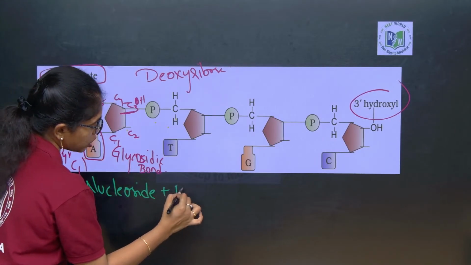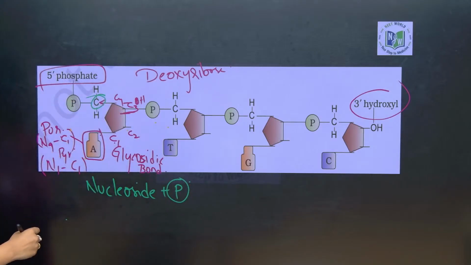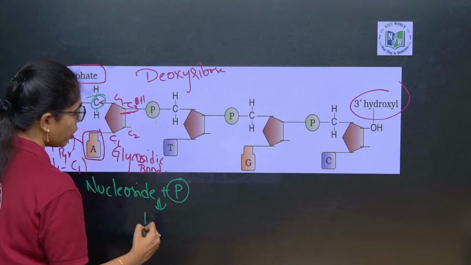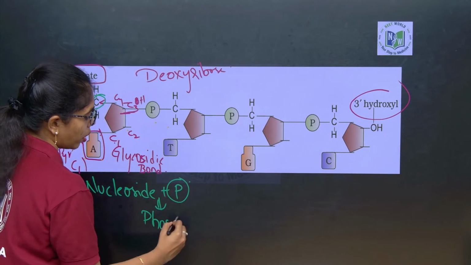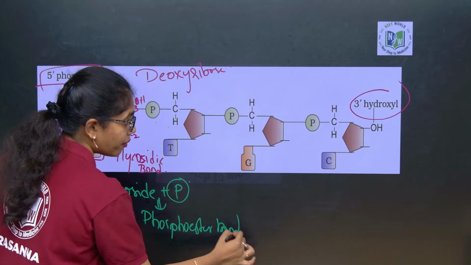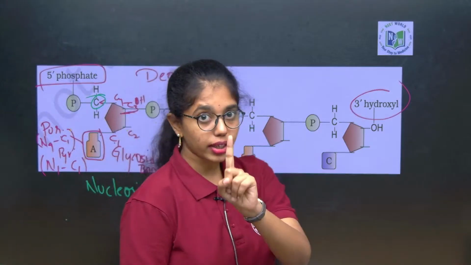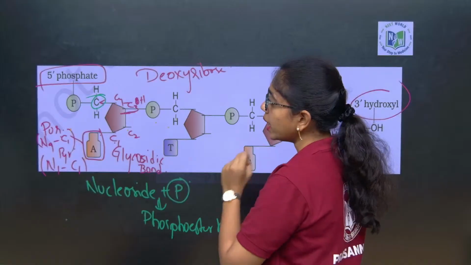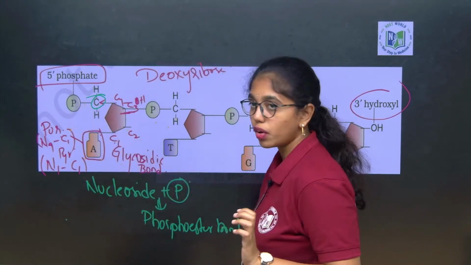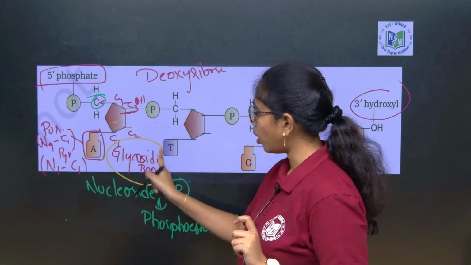Nucleoside plus a phosphate group at the 5 prime end, the 5th carbon of the sugar, is linked by a phosphoester bond. So what you have to remember is that for the formation of one nucleotide we need one glycosidic bond and one phosphoester bond, and for the formation of a nucleoside only a glycosidic bond is enough.